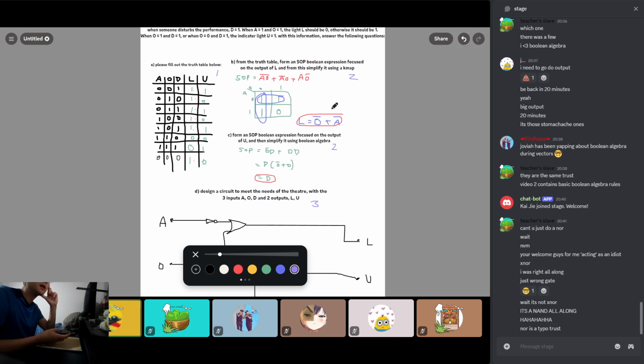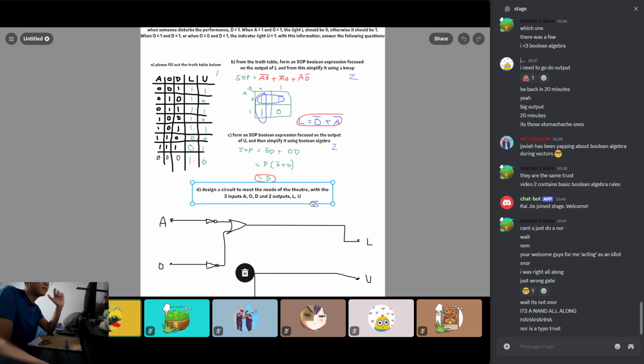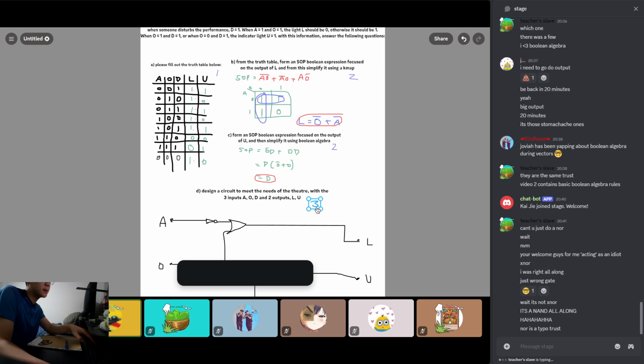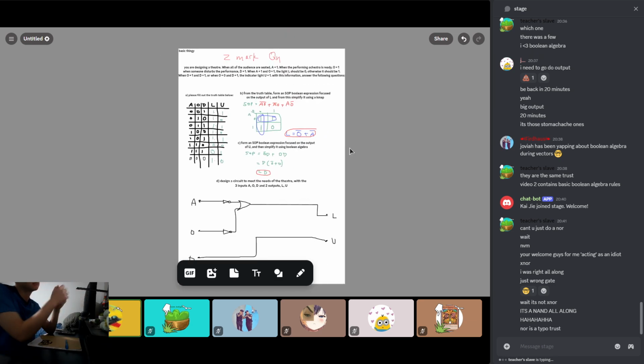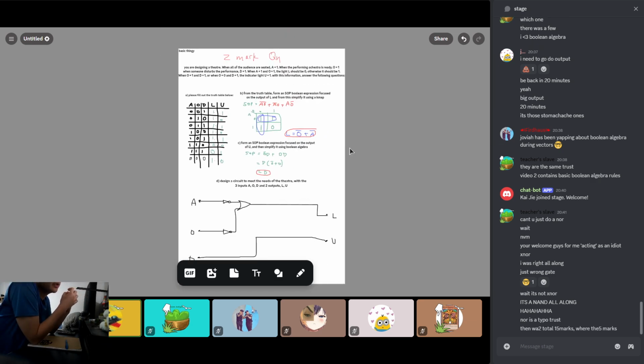Possibly a 10 mark question, because I'm being very stingy with my marks here, but I feel it's a 2 mark question because these kinds of things are common sense, you all should know. So that's the end of going through the WA2, totalling 15 marks, where this is the 5 marks. I've gone through the entire question already.